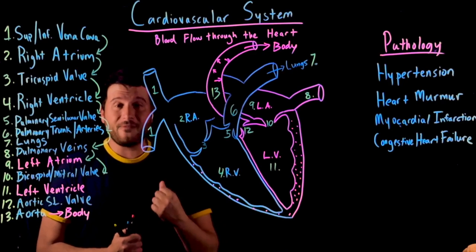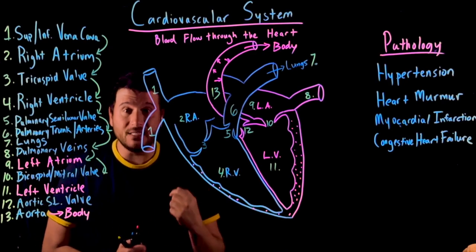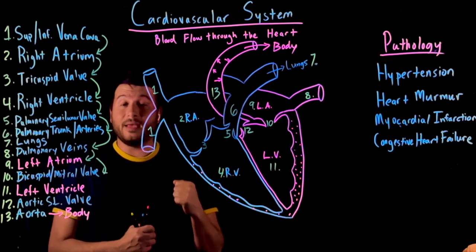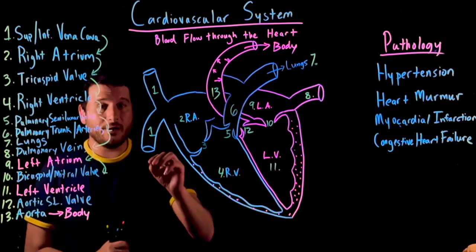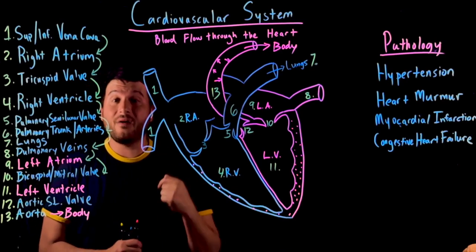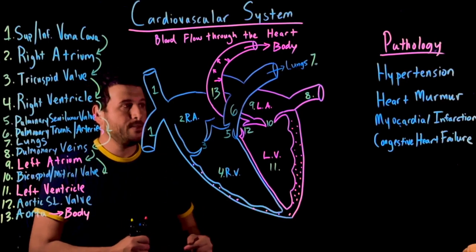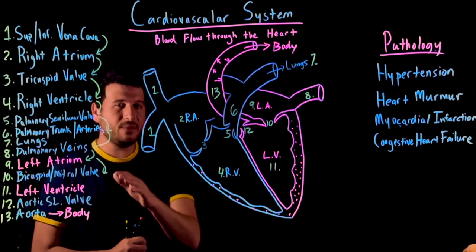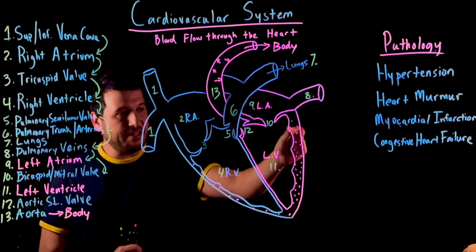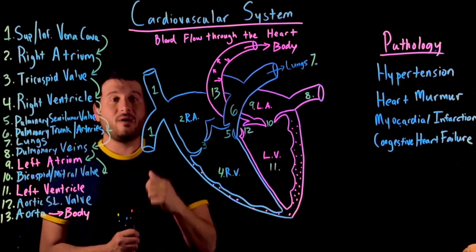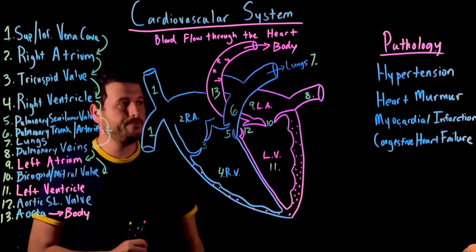And if it doesn't have that energy, that tissue can die. And that is known as a myocardial infarction, when the myocardium of the heart dies due to lack of oxygen. That is most commonly occurring on this left side here because that thick layer of myocardium requires the most oxygen.